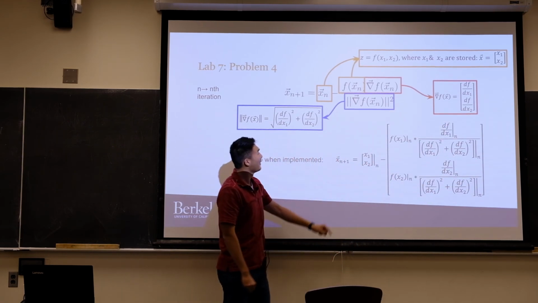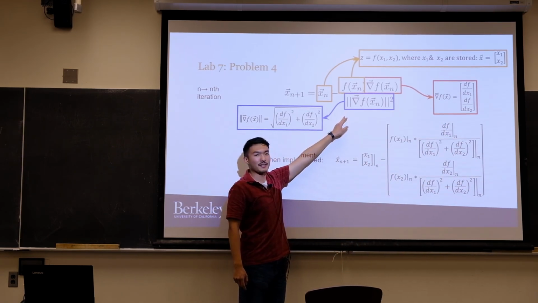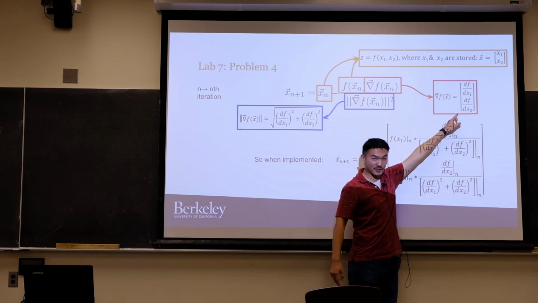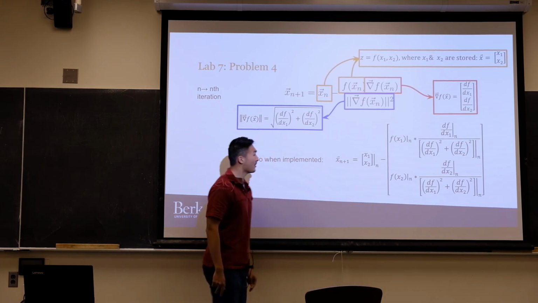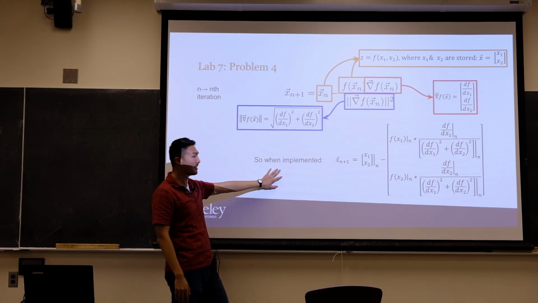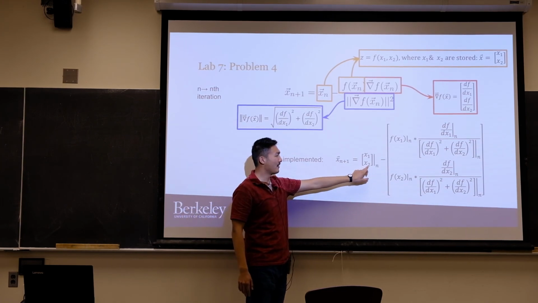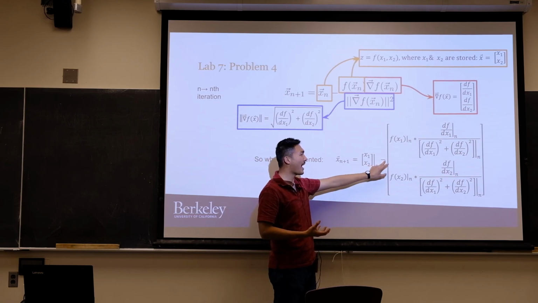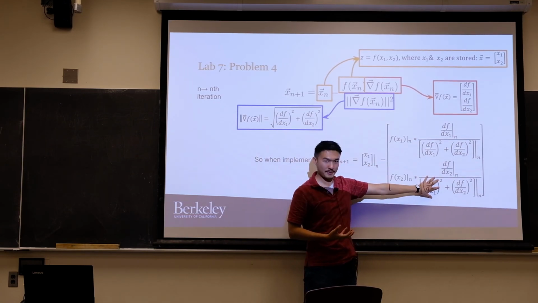Okay? And then this blue part right here is simply taking the norm, aka the magnitude of this vector. So when you pry this thing apart, this is how you implement it. You take the guess you have right now at time step n, and then you subtract off this junk.